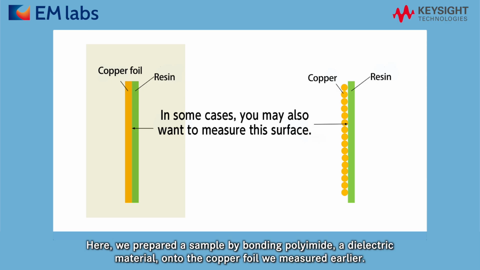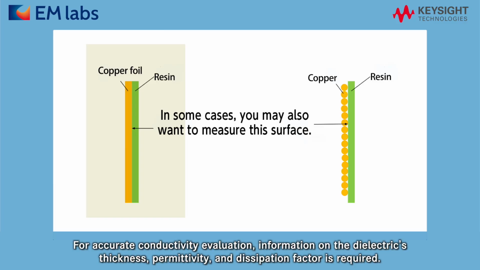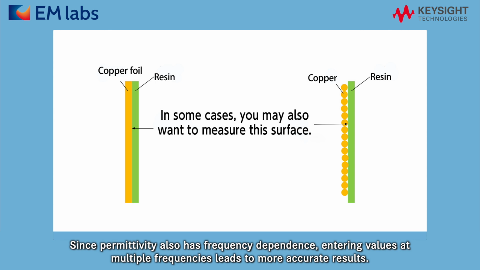Here, we prepared a sample by bonding polyimide, a dielectric material, onto the copper foil we measured earlier. For accurate conductivity evaluation, information on the dielectric's thickness, permittivity, and dissipation factor is required. Since permittivity also has frequency dependence, entering values at multiple frequencies leads to more accurate results.